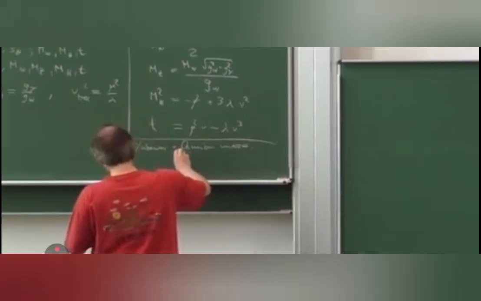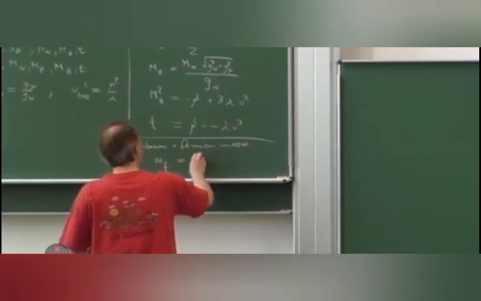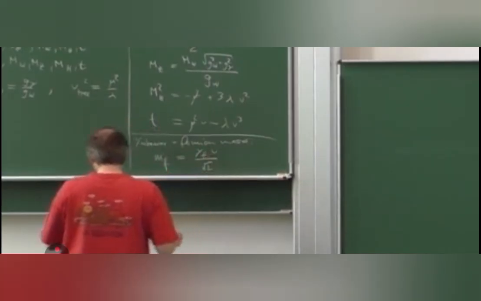Which is of course the fermion mass m_f, given by y_f times v divided by square root of 2.